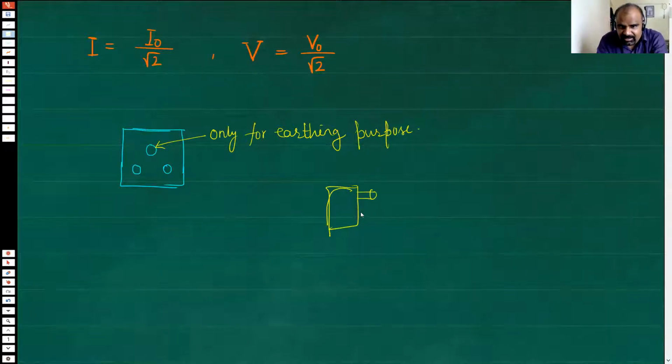There will be 1 pin over here and then 2 pins will be like this. We insert it over here, but this is only for earthing purpose. Even if you remove it, now only these 2 pins are there. You just insert it. There will be nothing inserted over there and your device will work.